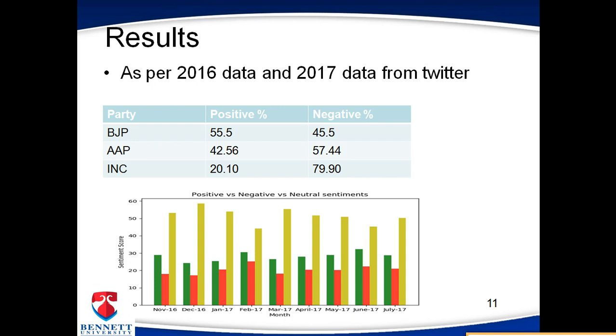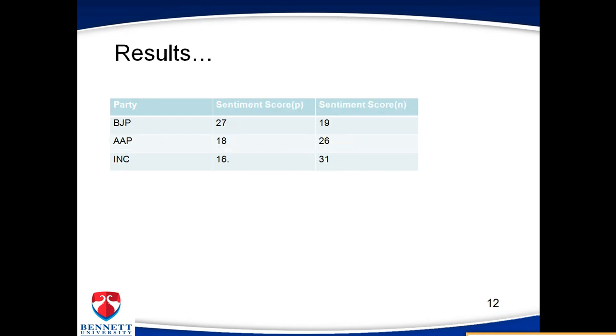we see that the red graph is not very high. It means that regarding the demonetization effect, people are not fully satisfied with the policy that the government implemented. From this study we can easily find the average sentiment score.